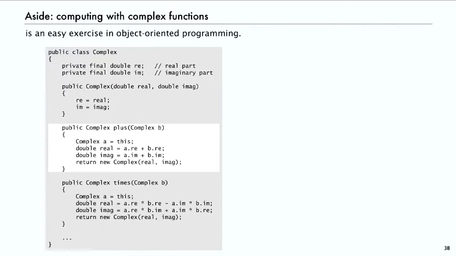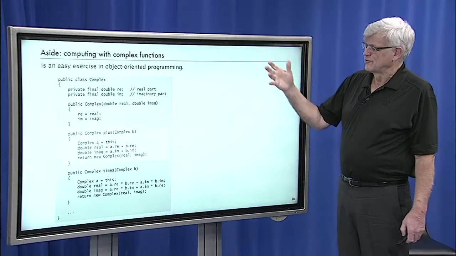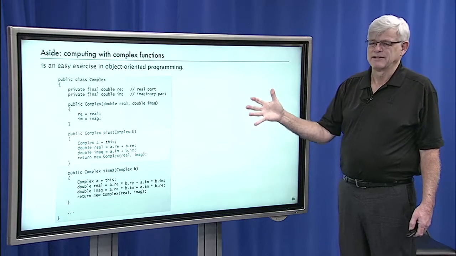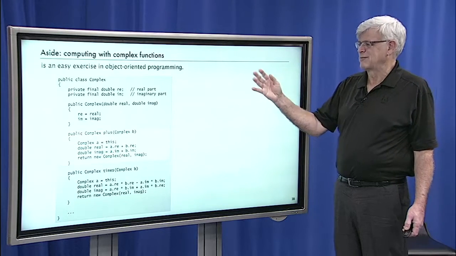If you're not familiar with object-oriented programming, you can look at one of our introductory textbooks. And this example, we talk about this example in detail, exactly this example, because it's such a good example of object-oriented programming. So we can define with code like this what a complex number is.